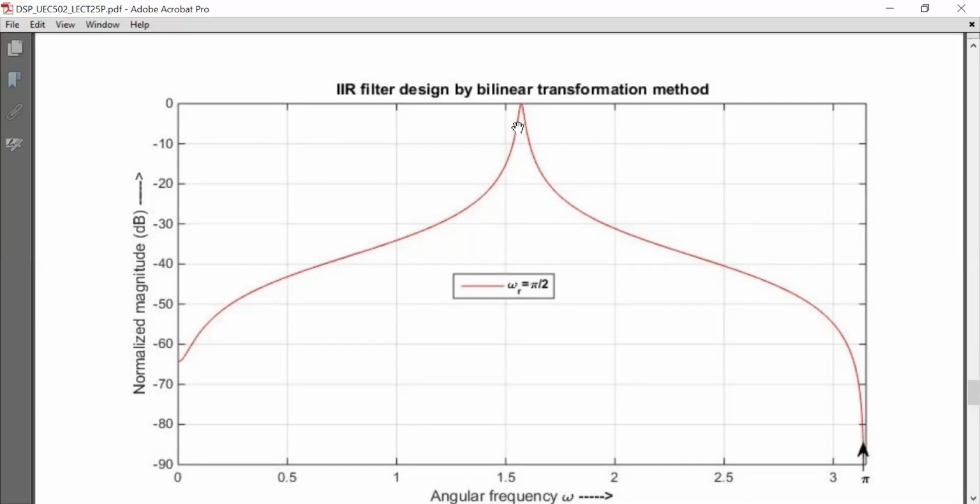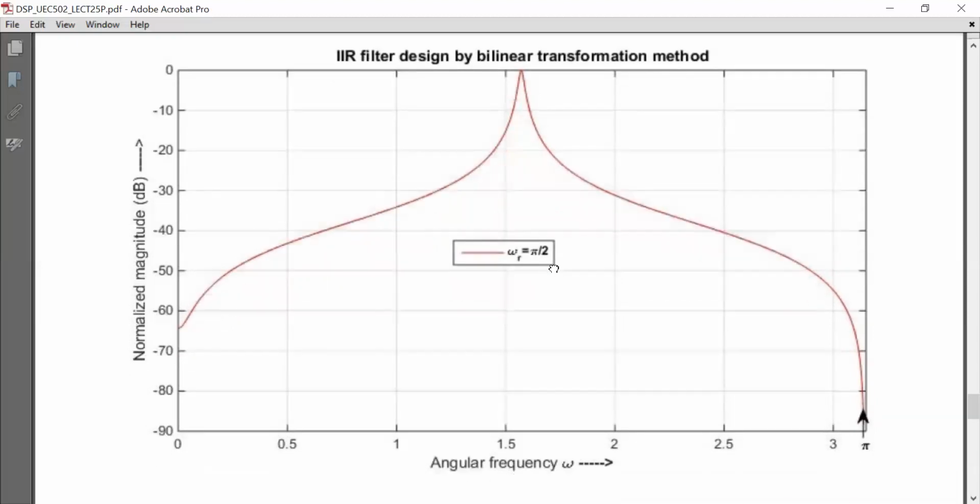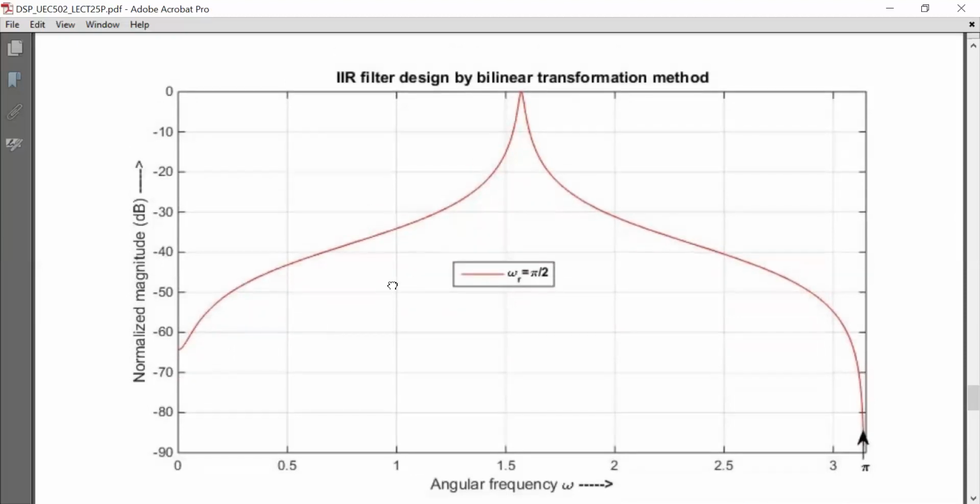It is clear that at resonance the gain is maximum, the normalized magnitude is maximum at omega R equal to pi by 2. You can also view it in MATLAB, and this is the normalized magnitude in dB.